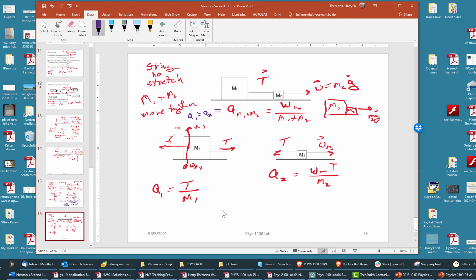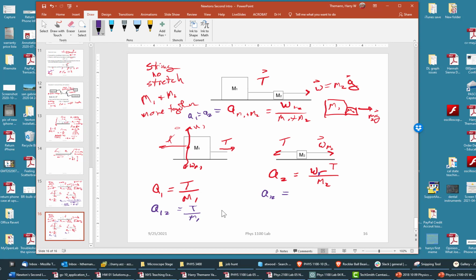But you can see now that A1, A2 equals T over M1, and remember, this is W1, so then we know that weight, what was it?